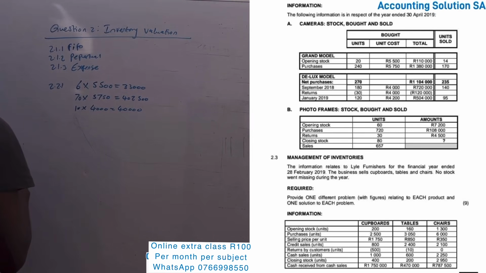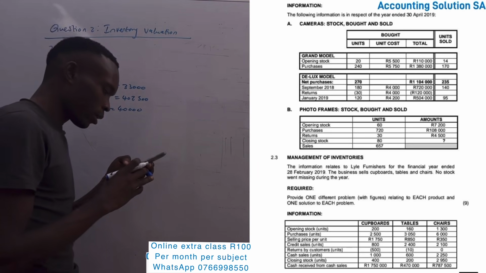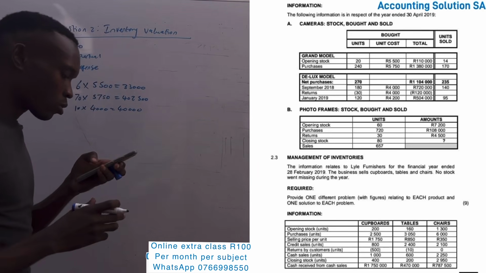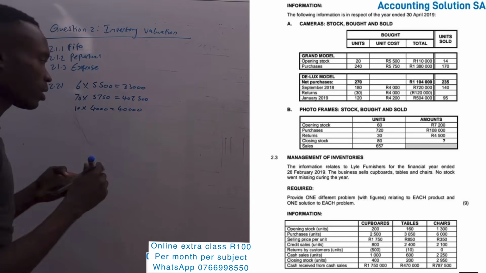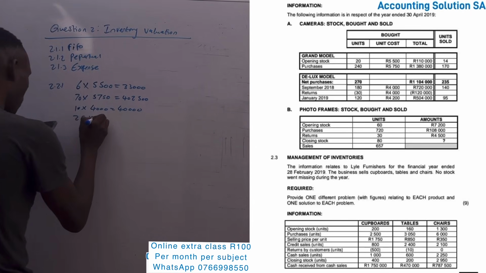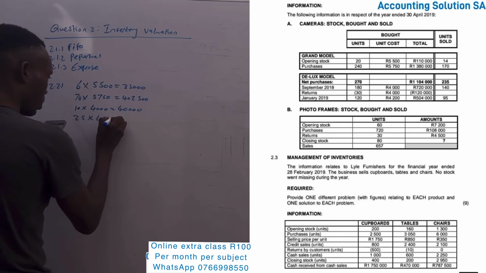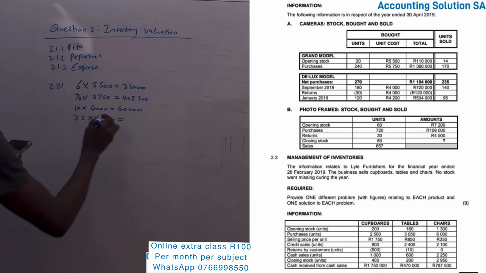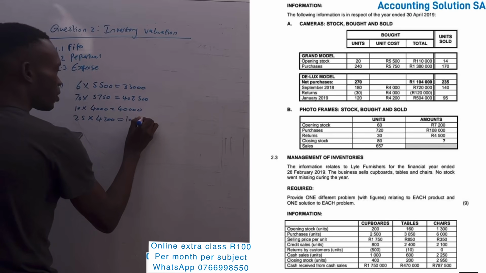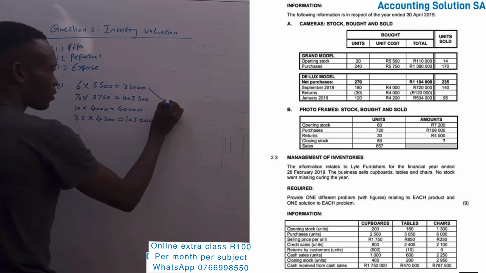Yes, it's 40,000. Then the last part, January, it was 120 and they sold 95, which means that 120 minus 95 is 25 multiplied by 4,200. Then we're going to get an amount of 105. That's how we calculate specific identification, guys.